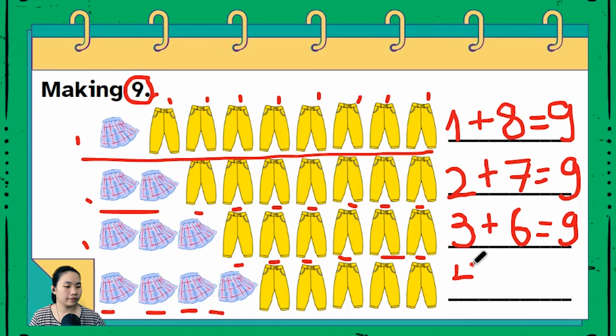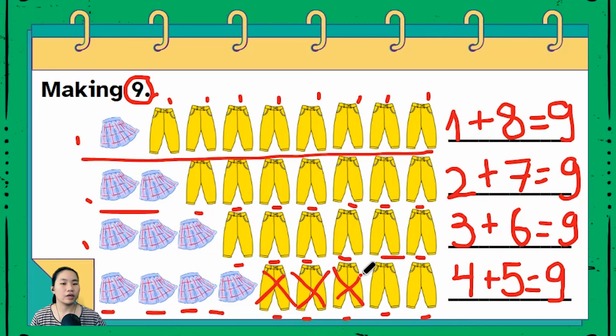I'm going to write 4 plus how many pants? 1, 2, 3, 4, 5. Okay, 4 plus 5 equals, what are we looking for? 9. All right, we're looking for 9. So as I've mentioned before, you can replace the pants with more skirts and you'll find many more ways of making 7, 8, and 9.